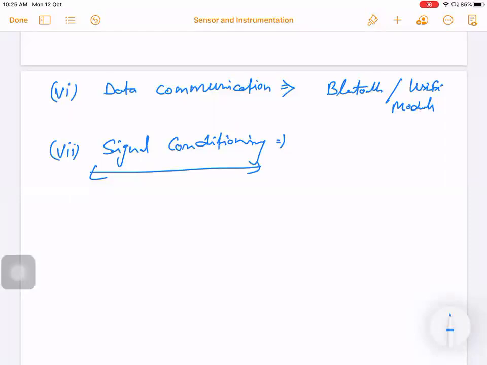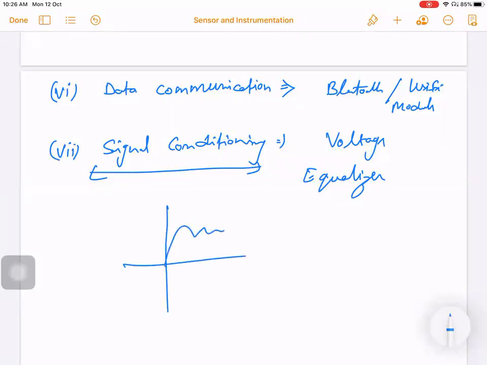Okay, another component is you can add the voltage equalizer. Sometimes what happens is that the output coming to you will be in the form of oscillations. It comes out something like this. So now what you require is that the data should be in 0 or 1 form. So we use the equalizer over here.